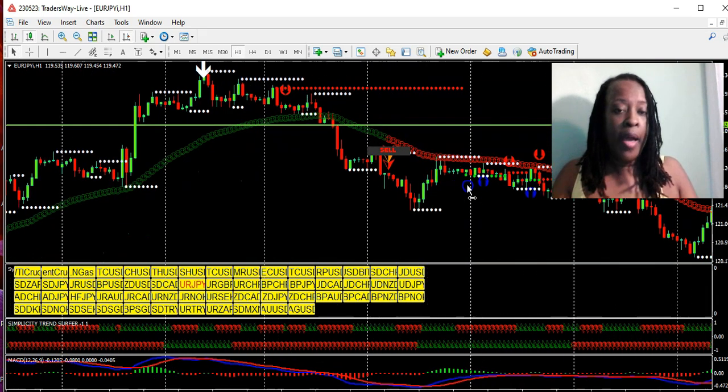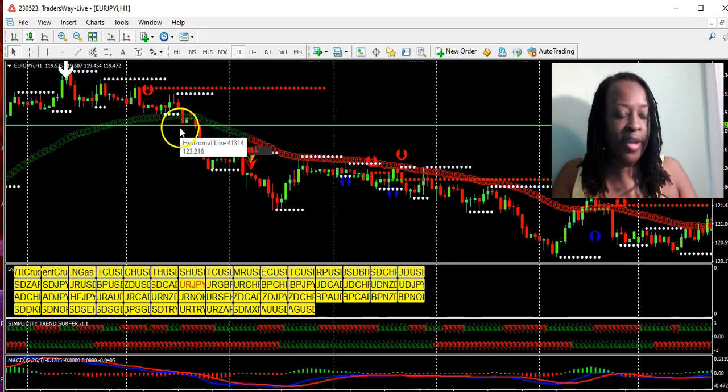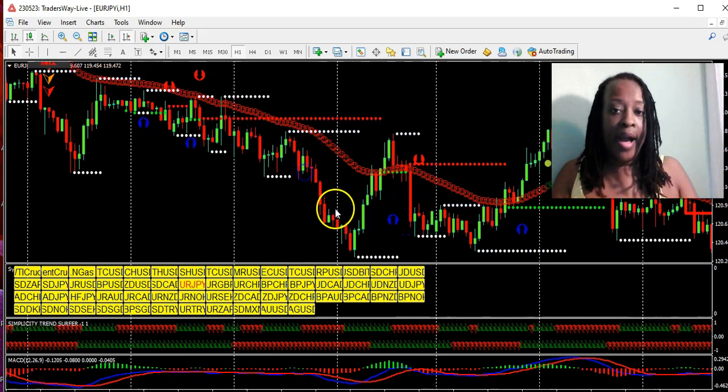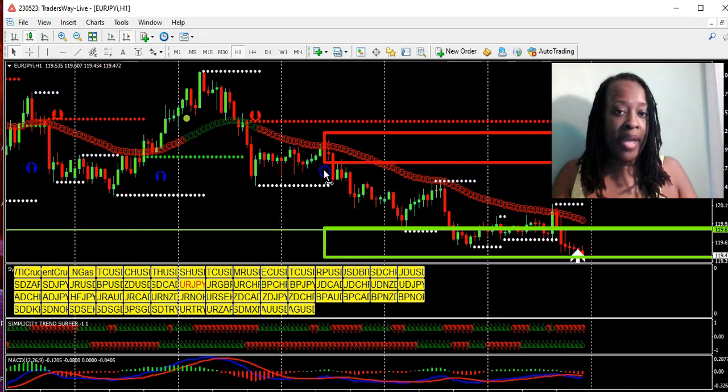I would have let it run. But as you can see, based on my parameters on my entry arrow, I got in right when the trend started. And yeah, I suffered some drawdown, but I never would have been in the red in my account.